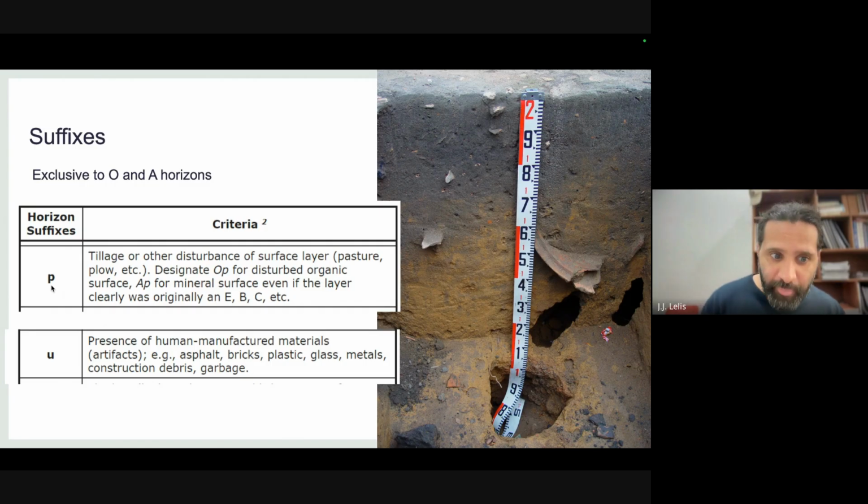We use the letter P. And the letter U is more related to artifacts.